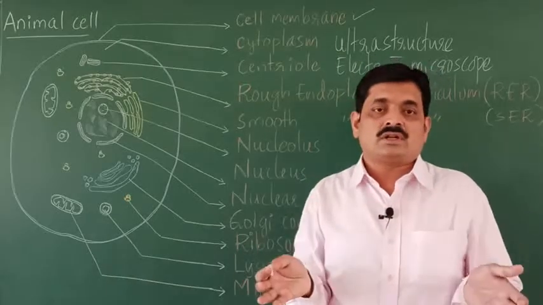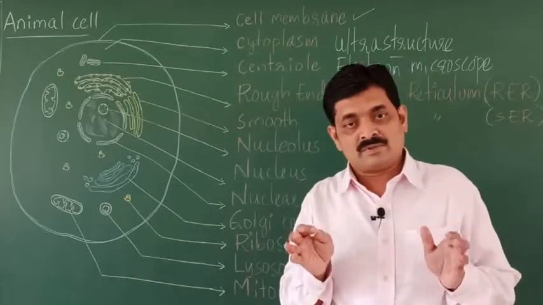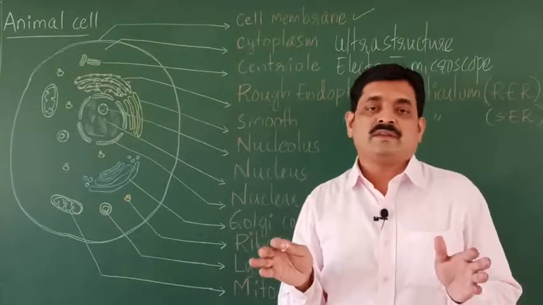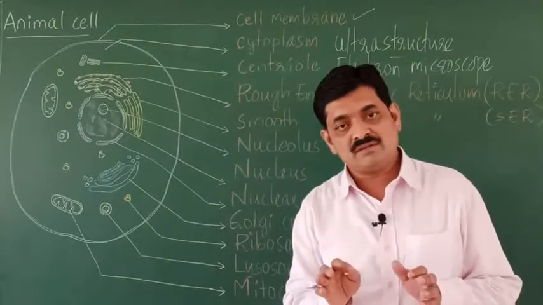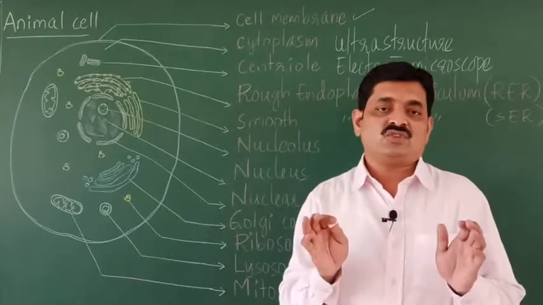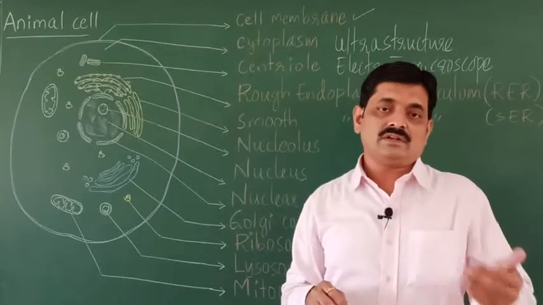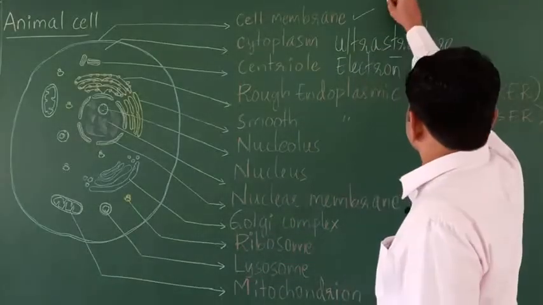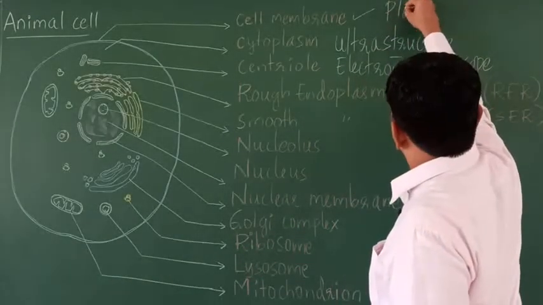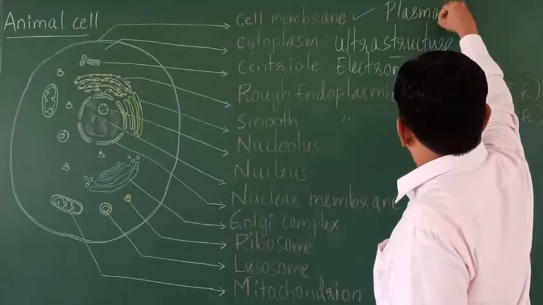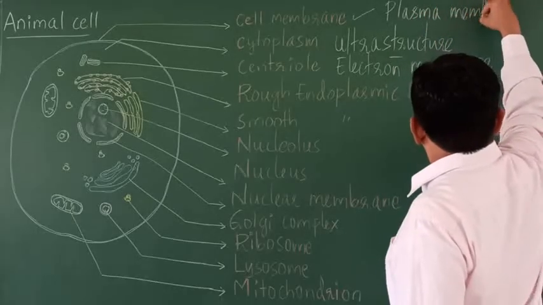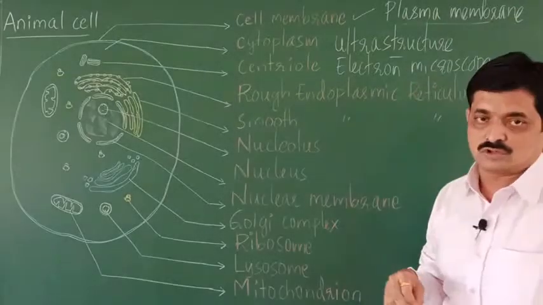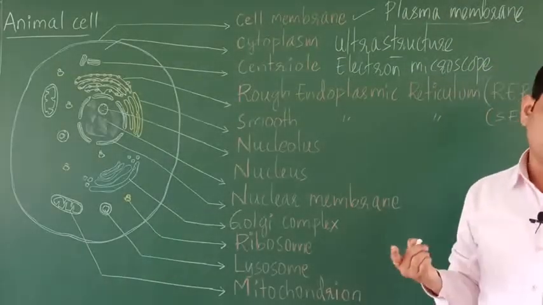So this is the membrane that covers the animal cell. It is also called plasma membrane.